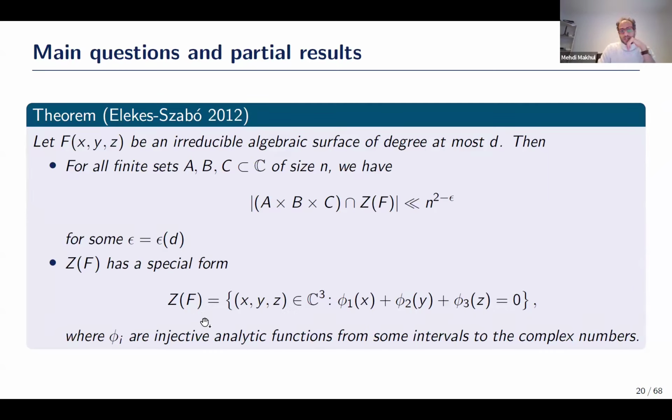So here we could write down the points of ZF by this formula, where the phi i's are analytic functions from some intervals to complex numbers, or reals when we reduce to real numbers.